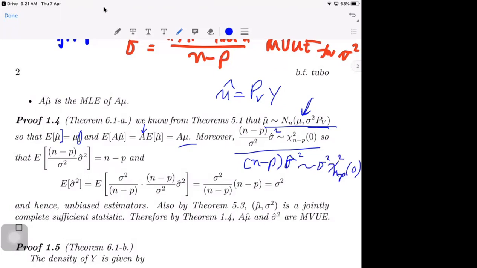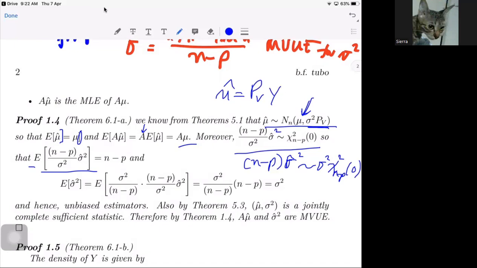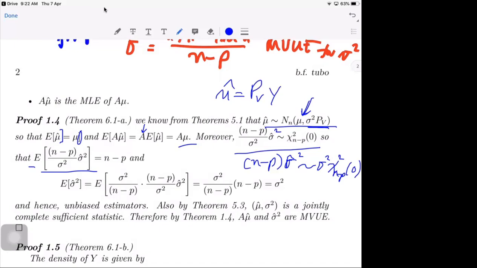So you can show that the expectation of N minus P over sigma squared times sigma hat squared is just equal to N minus P. Is this correct?